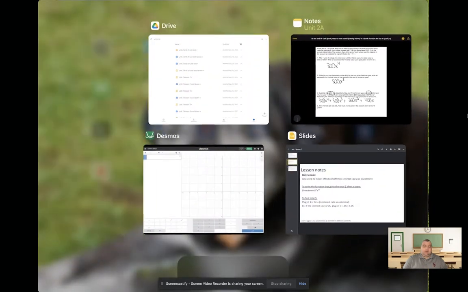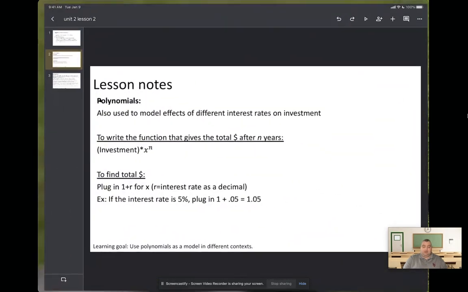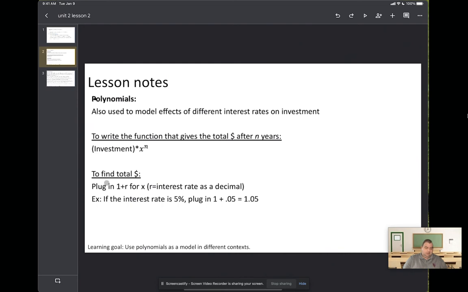To figure that out, let's go back to our lesson notes. To find the total money, it says to plug in 1 plus r for x, where r is the interest rate as a decimal. For example, if the interest rate is 5%, I would plug in 1.05 for x.